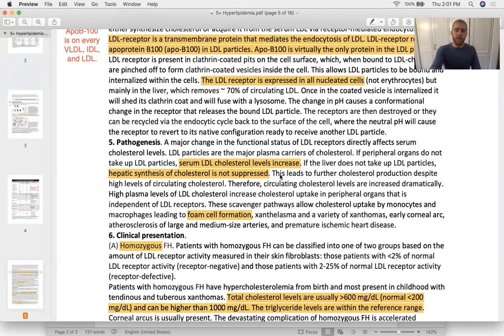So this happens in familial hypercholesterolemia, and one of the bad complications of that is going to be non-alcoholic fatty liver disease. At the microscopic level, at the histopathologic level, you start to see foam cell formation because you have the deposition of cholesterol into various tissues, and that cholesterol is hydrophobic, so it clumps and sticks to itself.